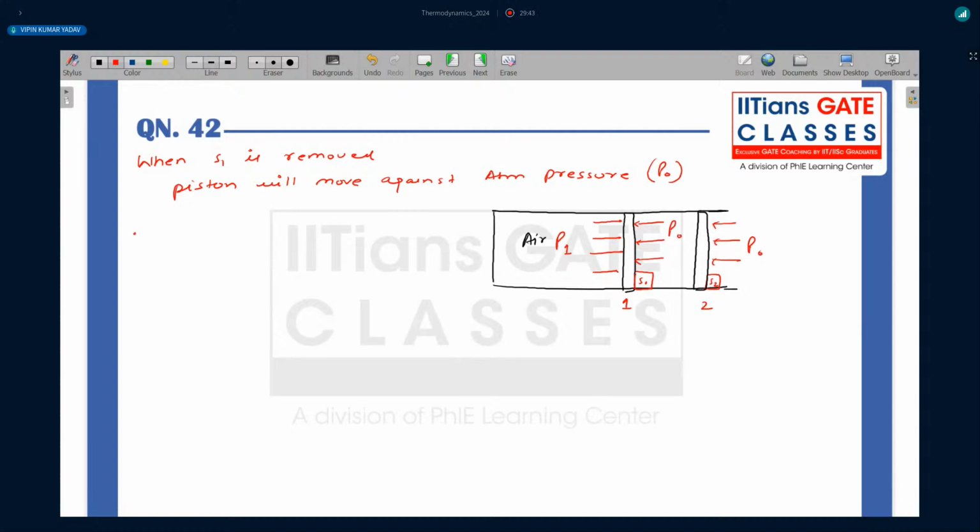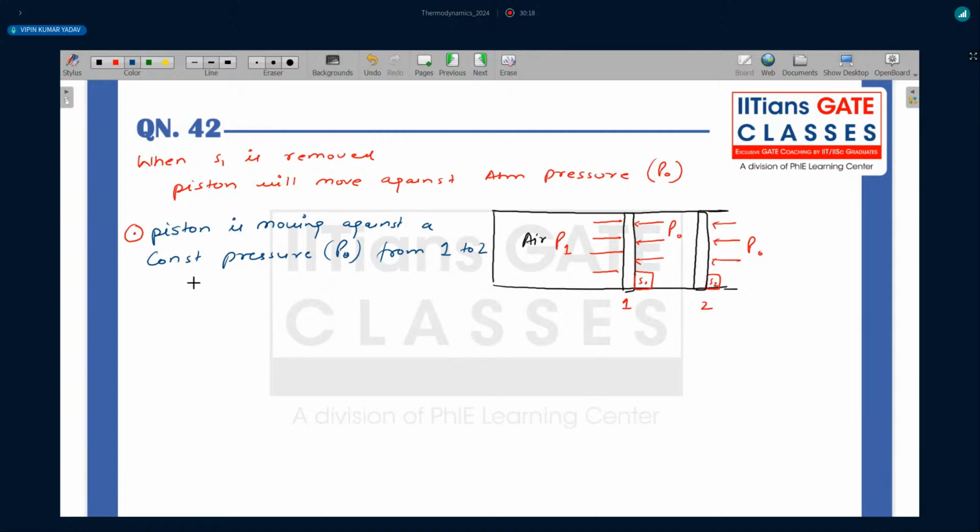So let me write it like this: the piston is moving against a constant pressure P naught from 1 to 2. When the piston moved from 1 to 2, the only pressure working against the air or the piston was P naught.